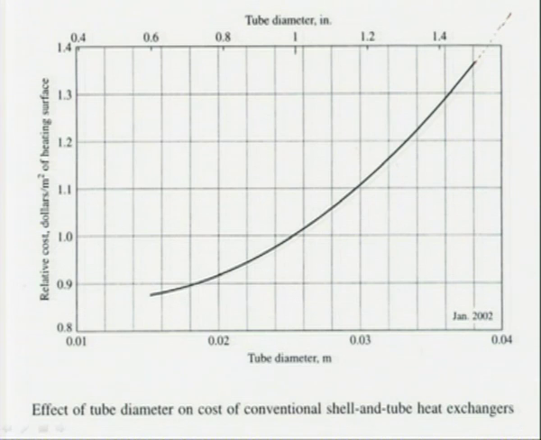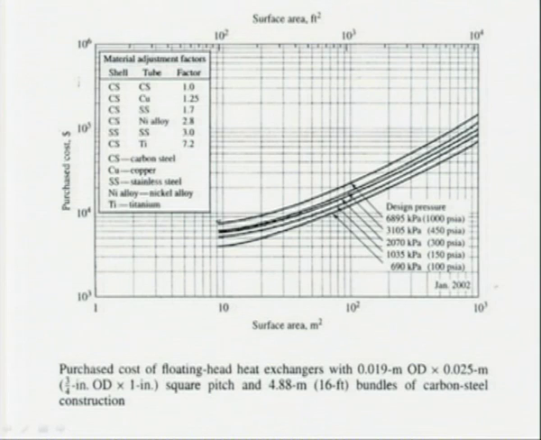I have done this and found that the relative cost correction for a 2 inch diameter is something like 1.75. Now for 1 inch the correction factor is 1. Oh sorry, the correlation was for 3.4 inch outer diameter and 1 inch square pitch.